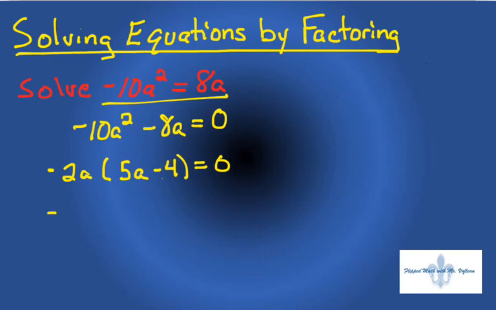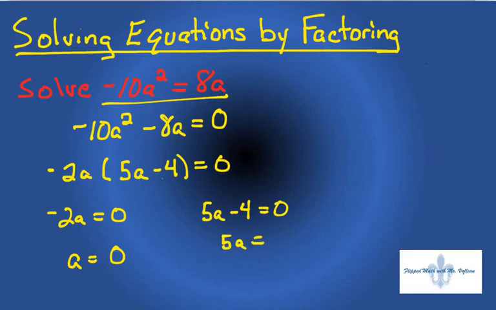So now we have negative 2a is equal to 0, and 5a minus 4 is equal to 0. So one of our factors is going to be that a equals 0, and the other is going to be that 5a is equal to 4, and therefore that a is equal to 4/5. And we have both of our factors.